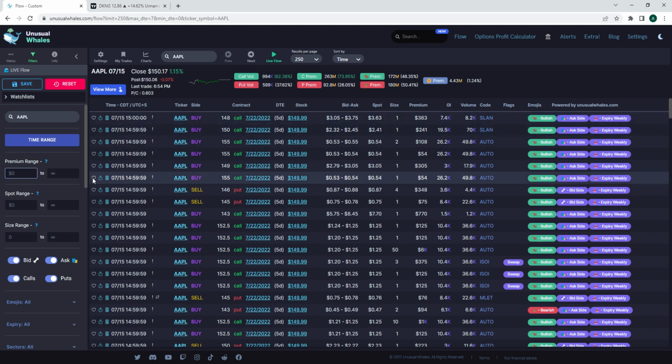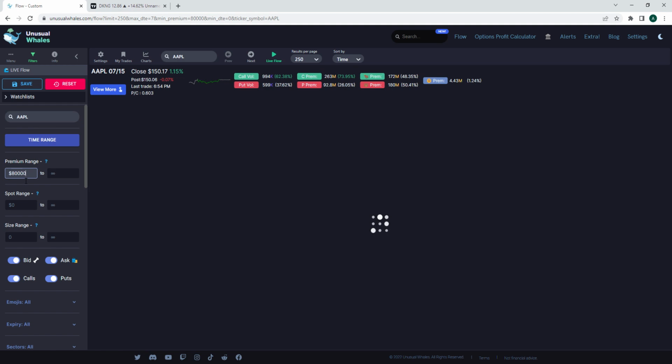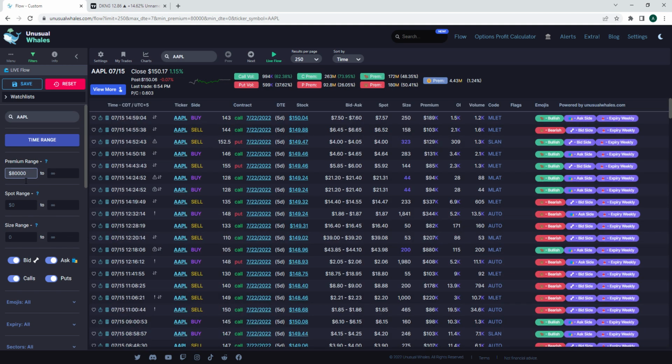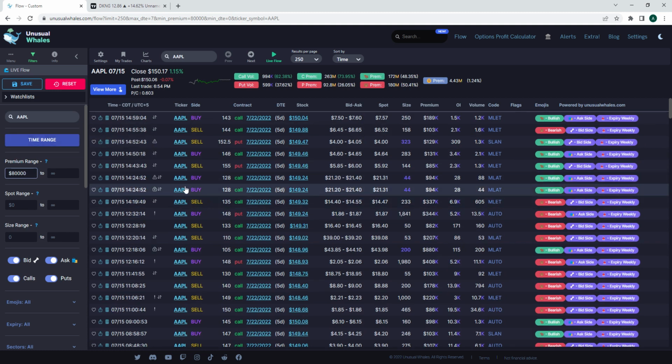We don't want to see every $300 premium that comes in. So for Apple, let's put in 80,000, and you always want to change the premium range, even as the week goes on. If they're weekly expirations, people are spending less premium since it's a short-term expiration. I'm just going to stick with 80,000.